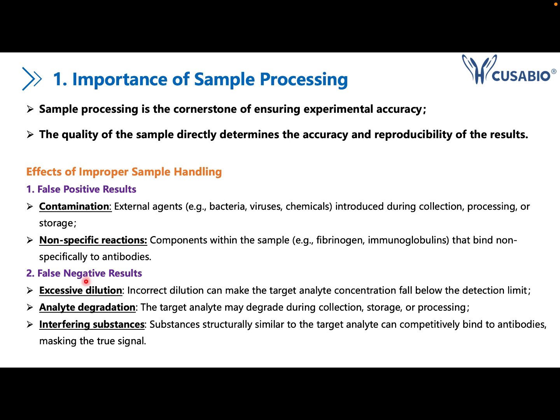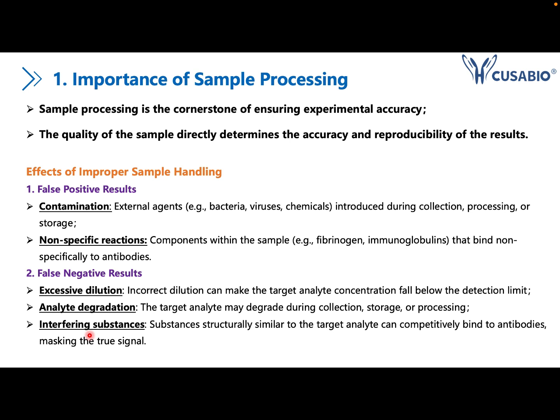Then false negative results can come from 3 different sources: excess dilution, analyte degradation, and interfering substances. Excess dilution and analyte degradation will make the target analyte concentration fall below the detection limit. If the concentration is below the detection limit, you can never get a very good result.